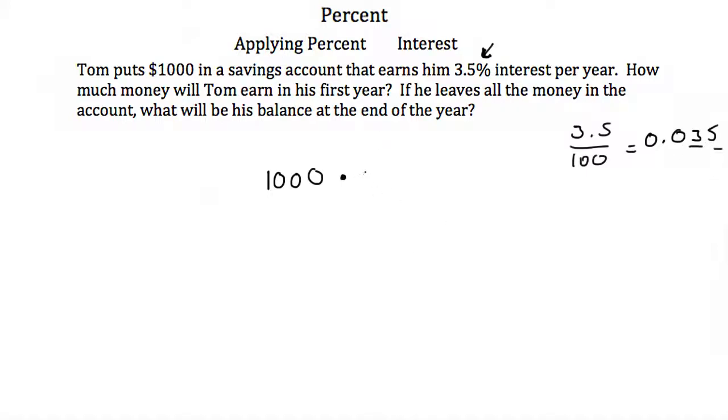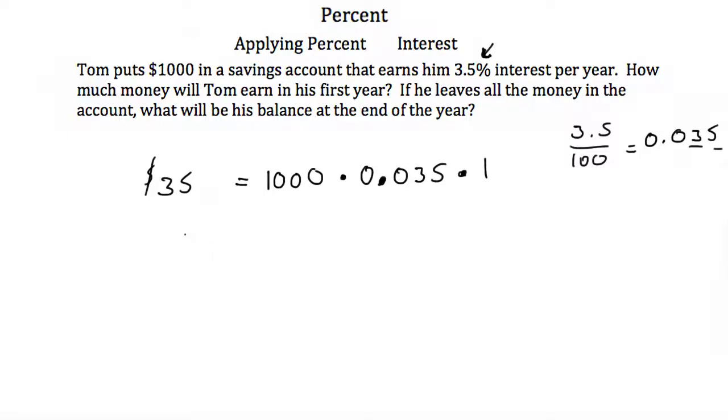So we would multiply that by 0.035. And he makes this interest per year. So we can multiply that by 1 for 1 year. And if we multiply all this out, we're going to find out that Tom makes $35 in interest in his first year.